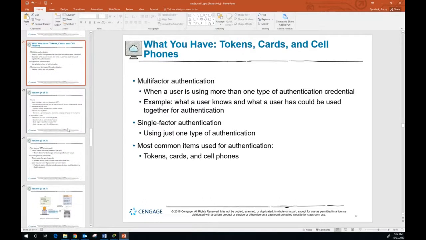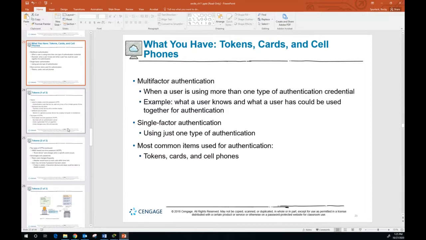Okay, so when we started this, we talked about the different types of authentication. What you know, what you have, what you are, where you are. And you can use these together to form multi-factor authentication. So that's where you're using more than one type of authentication credential.